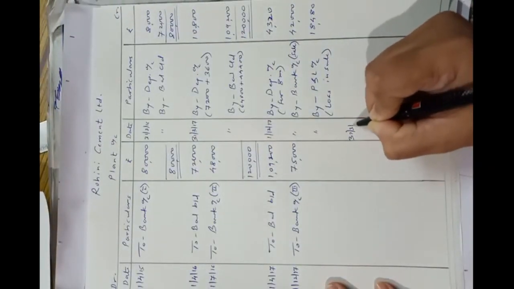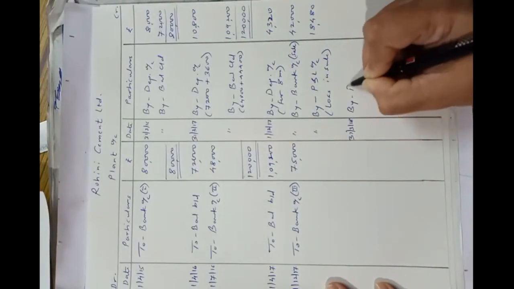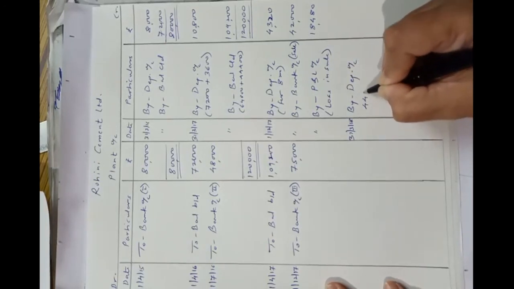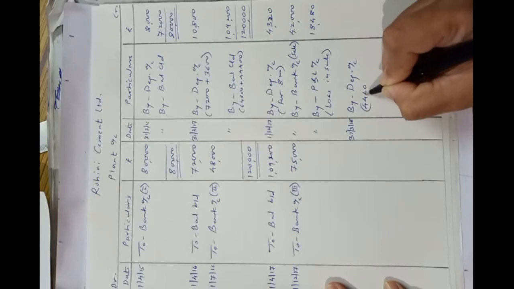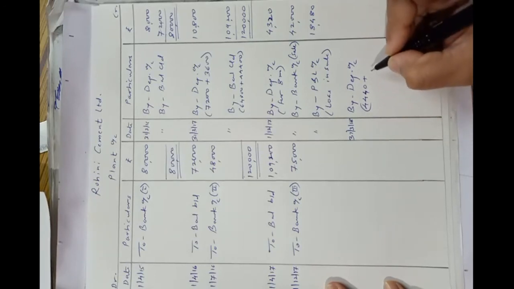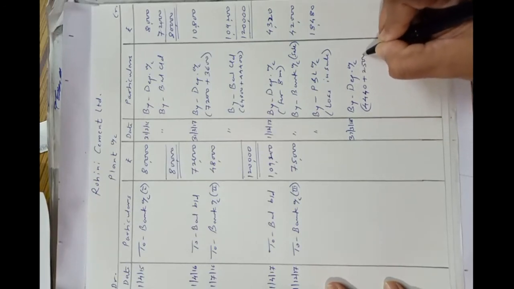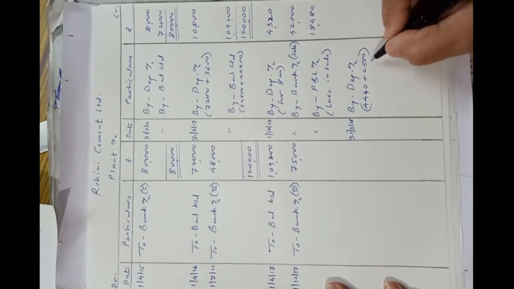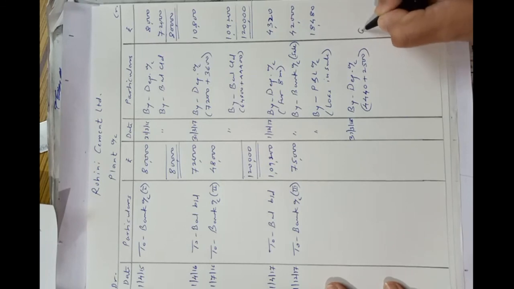So here on 31st March 18, by depreciation account, second machinery 4440, 10% of written down value, plus third machinery 2500. So total depreciation will be 6940. Now we will tally the account for this last year.